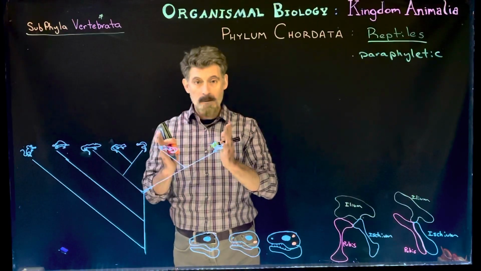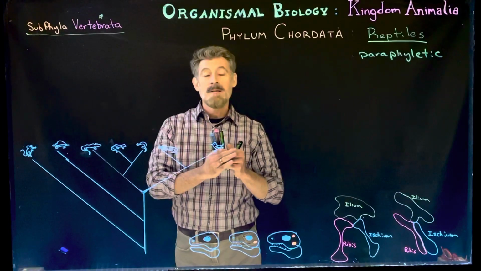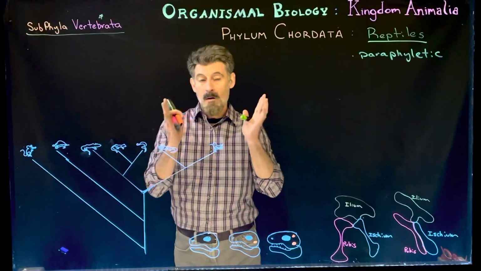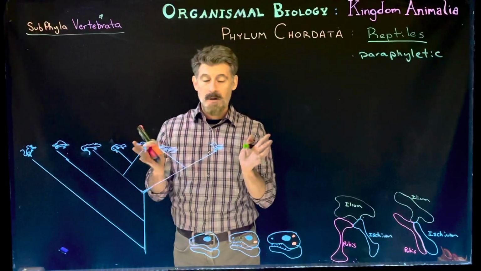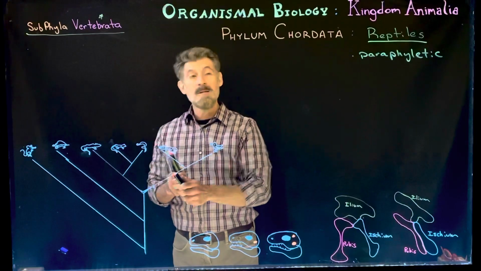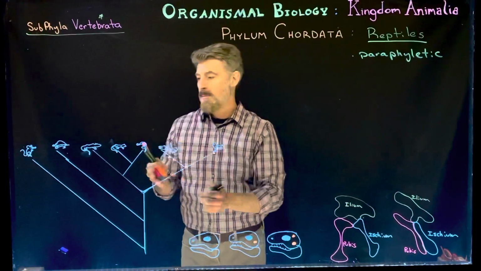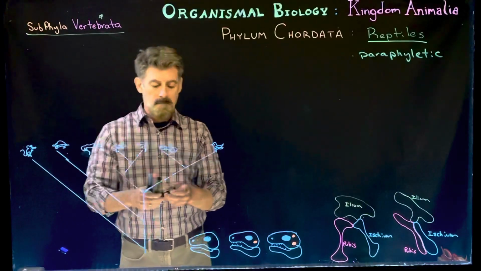That's a monophyletic group. A paraphyletic group means that not all the descendants of that common ancestor are part of the group. So some of them are missing from the group. And that would be, in this particular case, the birds, right? Because we have, from here, the turtles, and we'll talk about each of these.